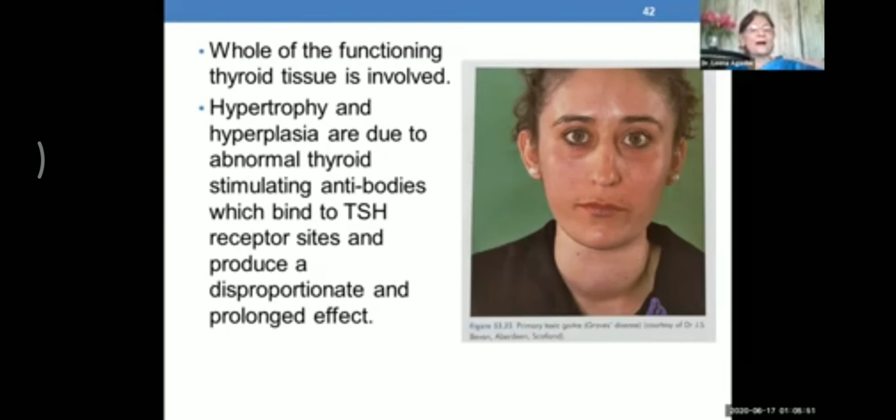Hypertrophy and hyperplasia are due to abnormal thyroid stimulating antibodies, which bind to TSH receptor sites and produce a disproportionate and prolonged effect.